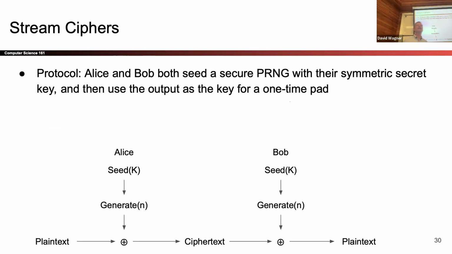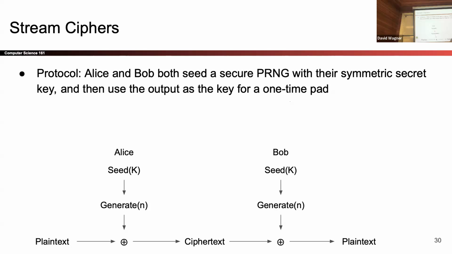One way to build a stream cipher is to use a pseudo-random number generator, where you take the key that Alice and Bob have shared, and you treat that as a seed to a pseudo-random number generator, and you run the pseudo-random number generator to generate pseudo-random bits that will be considered the pad.